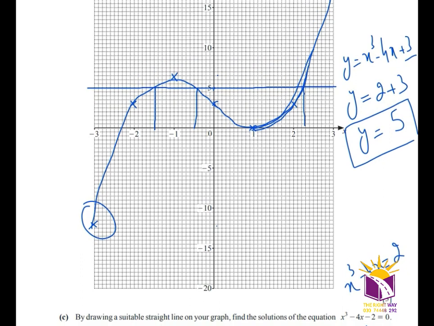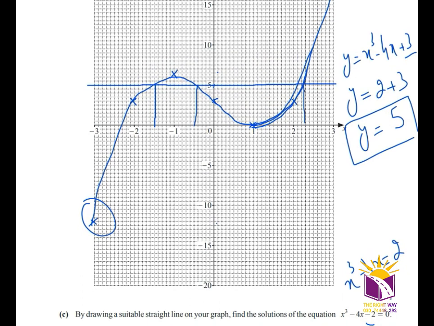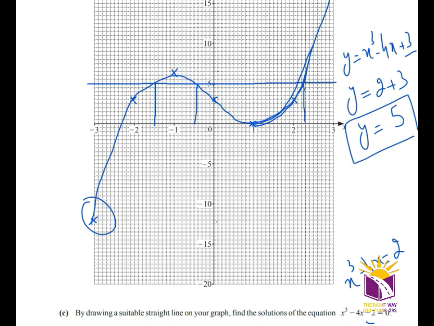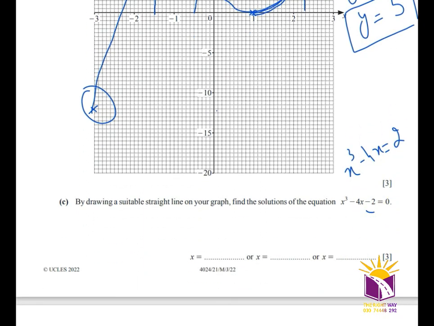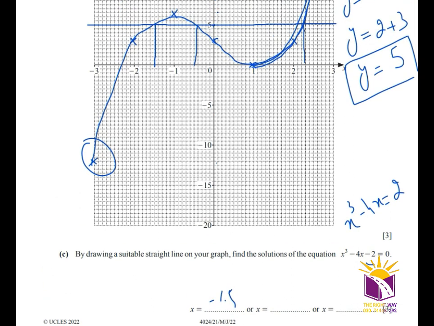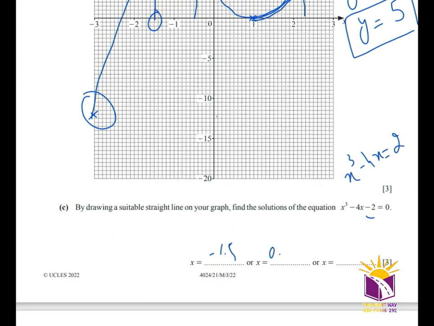So from my graph the answer will be minus 1.5, this one, this will be 1, 2, 3, 4, minus 0.55 because it is between 0.5 and 0.6. 1, 2, 3, 4.